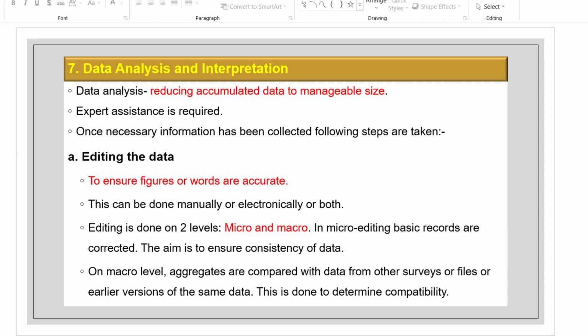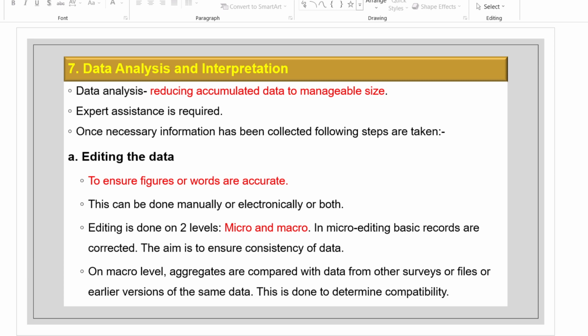For example, if in one place we are using miles and in another place kilometers, there will be no consistency in the data. If we are using miles in one area, then in other areas also we should use miles.